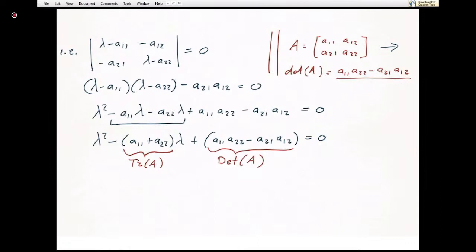It's really a short solution for arriving at the characteristic equation. So these are the eigenvalues. Next time I will show you.